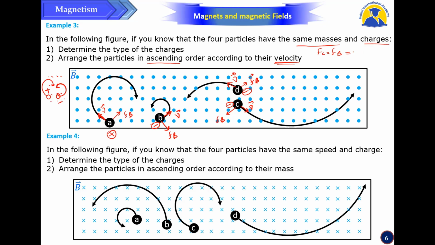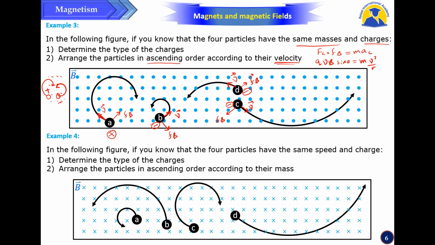This will equal m a_c. FB means the magnetic force. Magnetic force equals QVB sine theta. So this will equal mv squared divided by r. This is the formula that we use to calculate the centripetal acceleration.